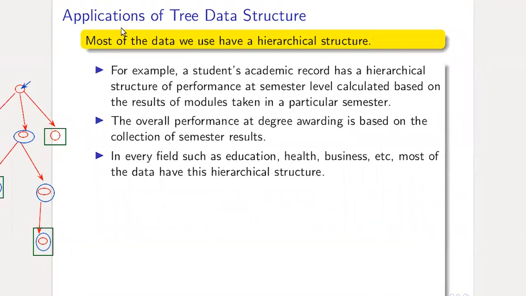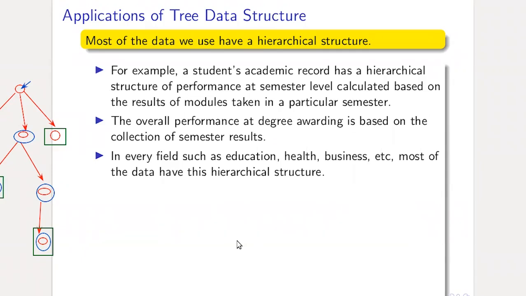So what kind of applications do we have for this kind of tree data structure? Well, quite a lot actually. Many of the data we deal with are hierarchical in nature. Let's take a student record because it would be easier for you to understand. You will stay here in the university for 8 semesters.